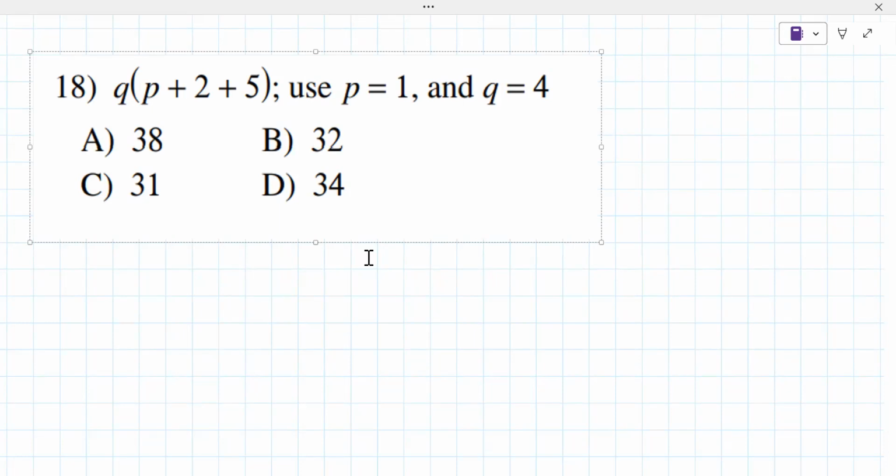You may find that you already know how to do this, but give this a try, please. 32. You're correct. Good.